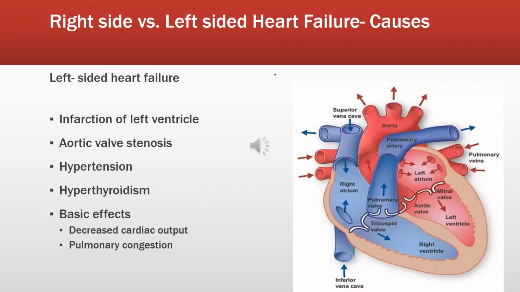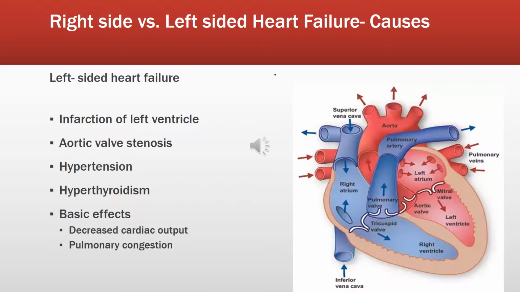Now, in left-sided heart failure, this could be caused from infarction of the left ventricle, aortic valve stenosis, hypertension, hyperthyroidism. And the basic effects when this happens is decreased cardiac output again and pulmonary congestion.